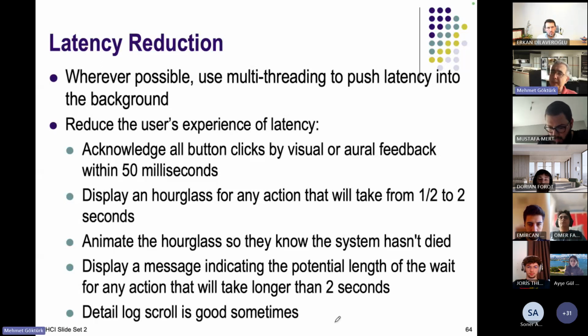Latency is a bad experience in general in user interfaces. So how do we reduce latency? Today, we are using multiple frameworks, multiple languages, libraries, so they all come on top of each other. Frameworks, user interface management toolkits.